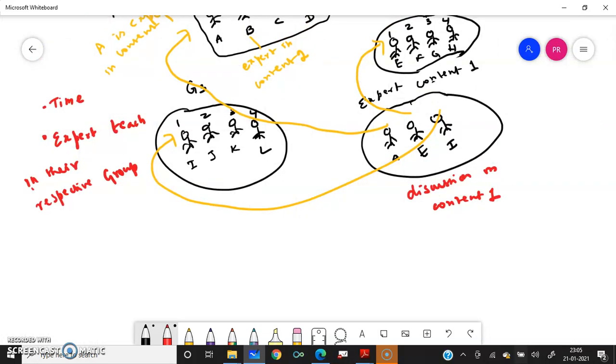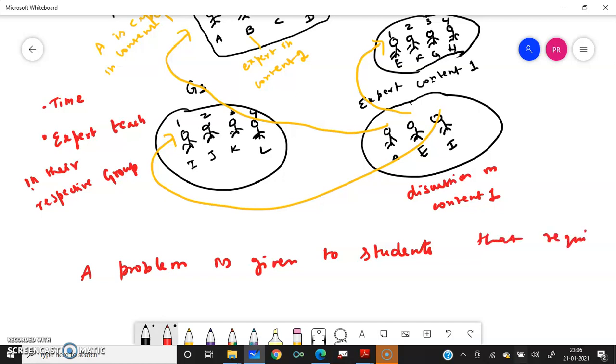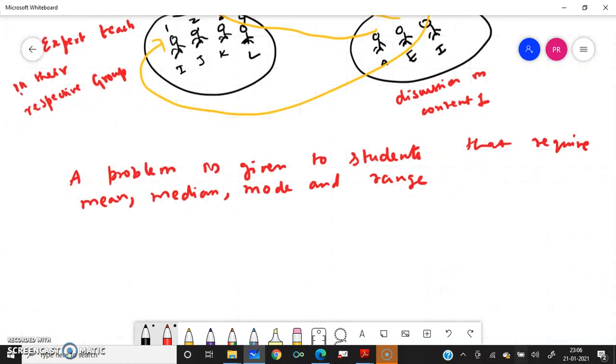The teacher is giving some problem to the students, and that problem requires mean, median, mode, and range from the given data.